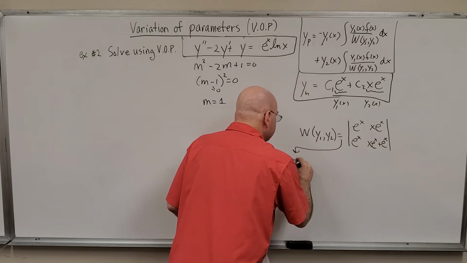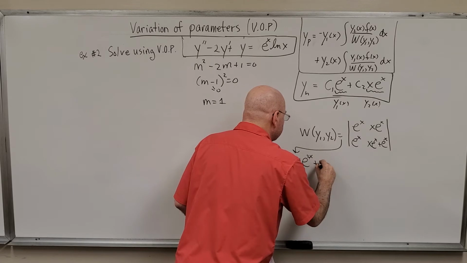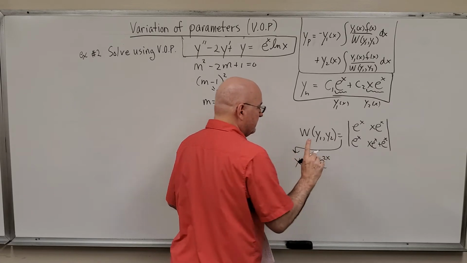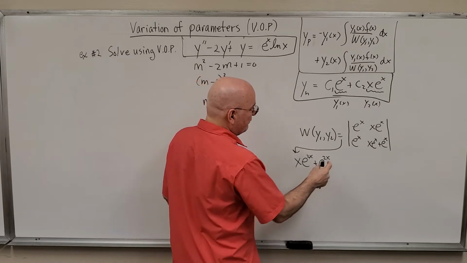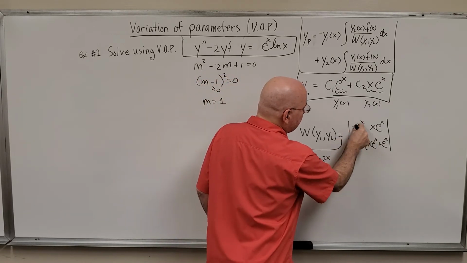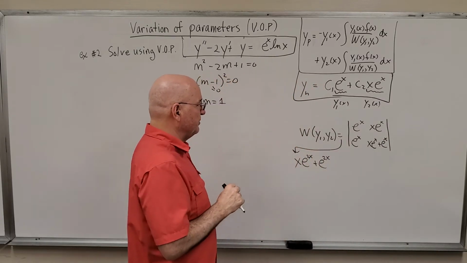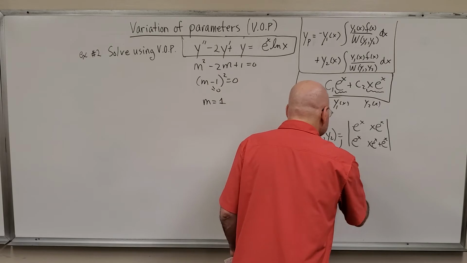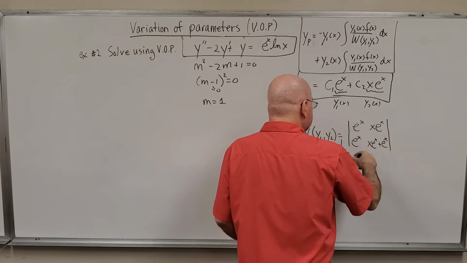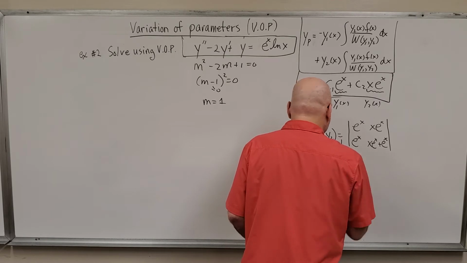So I'm going to get x e to the 2x plus e to the 2x. Let me convince myself that that's right so far. I distributed this times that, and then that times that. When you add the two exponents of x, you get 2x. Minus, multiply these two things together, and we get x e to the 2x.